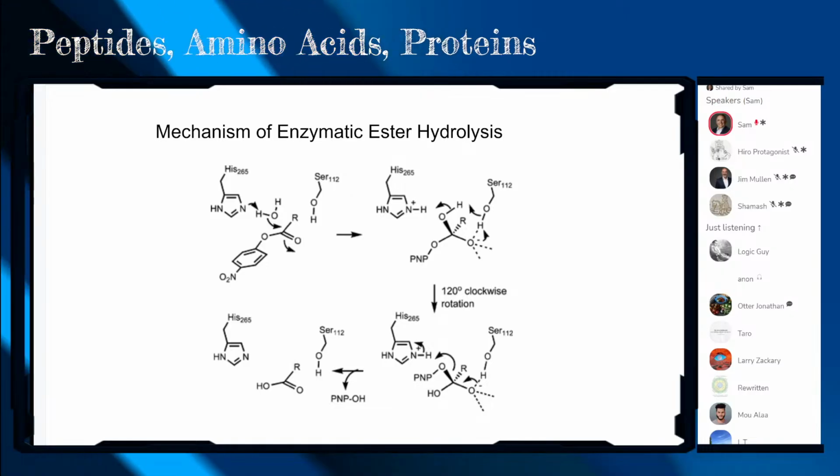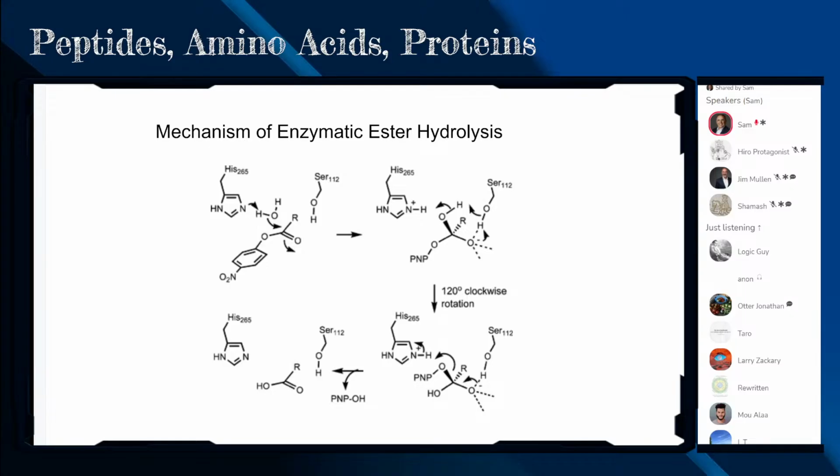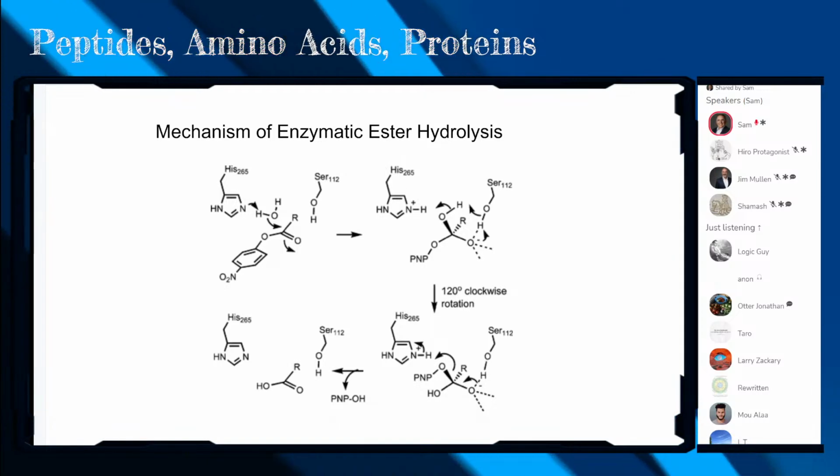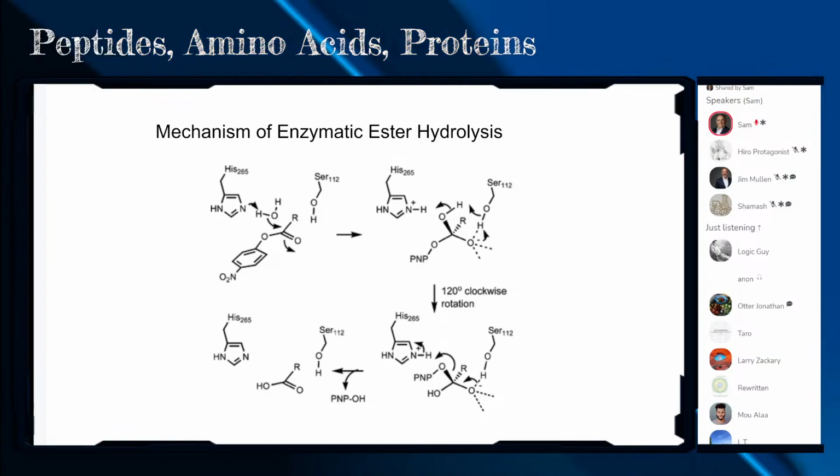We have 2 amino acids, histidine and serine. We have a molecule which is a para-nitrophenoxy ester, and we have a water molecule. So we see that the nitrogen on the histidine extracts the H, makes an OH minus, that attacks the carbonyl group, but that is stabilized by the hydrogen on the serine.